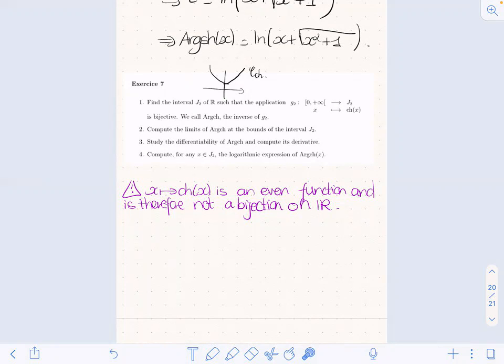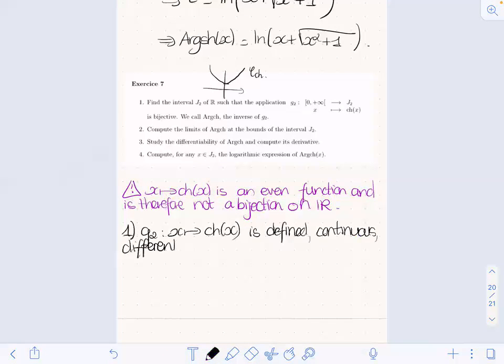So we need to show that we've got a bijection on R plus. And so if you consider G2, the map from x to ch of x on R plus, that's defined, continuous, and differentiable on 0 plus infinity.